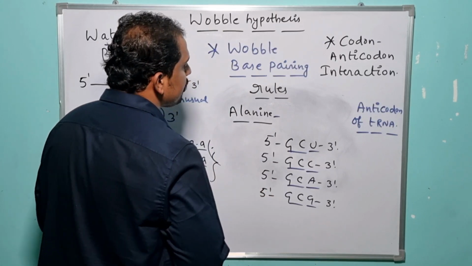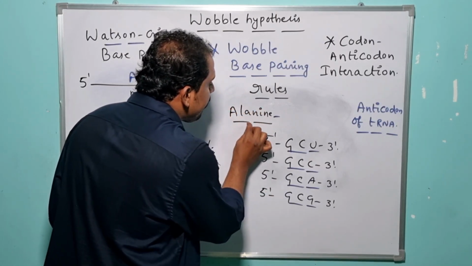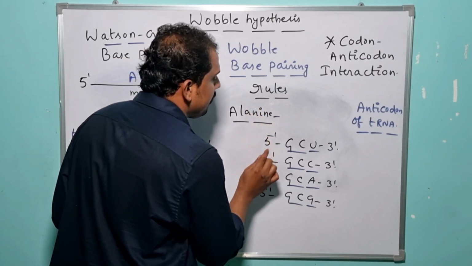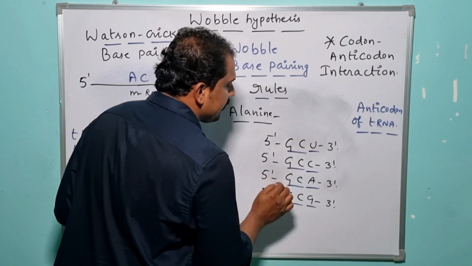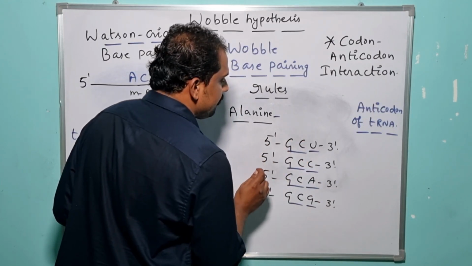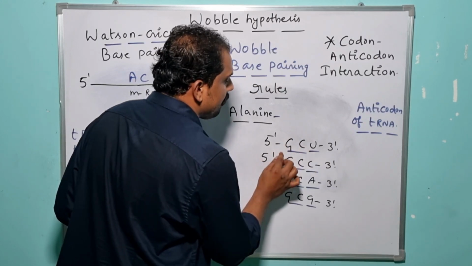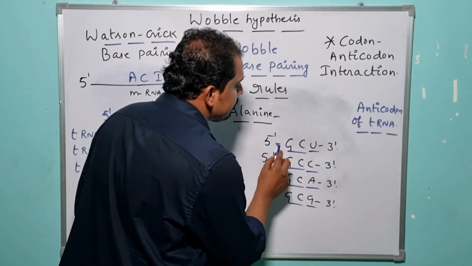And what is the other postulate of wobble hypothesis? As I have already told you, when an amino acid is encoded by more than one codon, the variation relies only at the 3' end but not at the 5' end. For suppose, let us assume in case of one particular codon, the variation is present at the first two nucleotides.